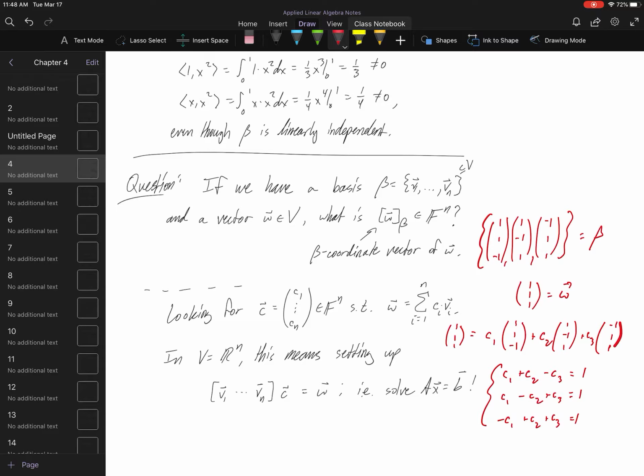How do I solve this for the weights C1, C2, and C3? In general, we have to solve an AX equals B system, and that's exactly the setup I have over here in this equation. That's all that we're doing in answering this question, and we want to be able to do this quickly.